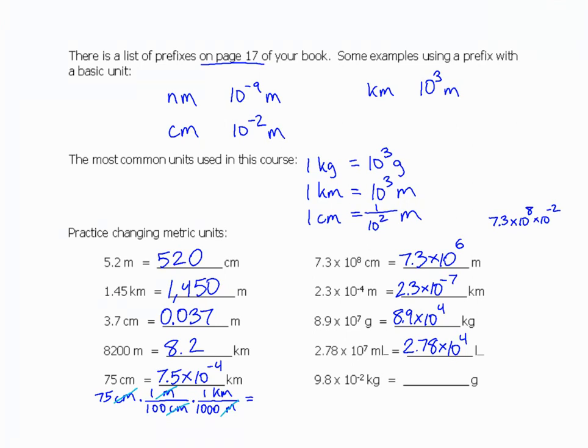Last one, 9.8 times 10 to the negative 2 kilograms, in grams. If you were to put this in standard notation, 0.098, this is where the grams would be 98 grams.